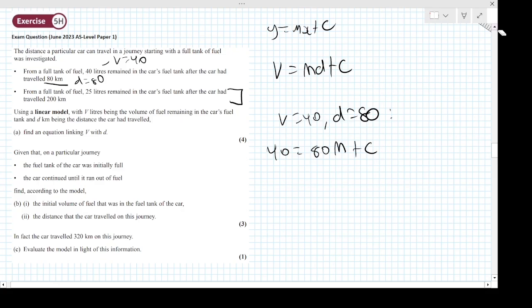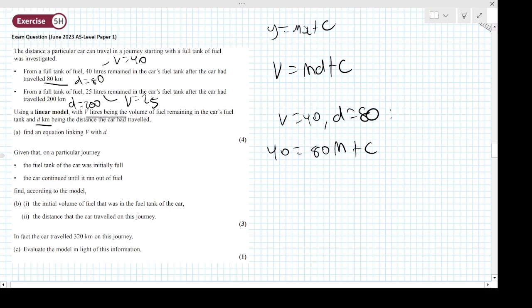In this second bullet point, from a full tank of fuel, 25 litres remained. So that's when V is going to equal 25, right? That's the volume of fuel left. After the car travelled 200, well, again, that means D is 200 kilometres. So there we are. And again, underline your units here. That's why I underline it.